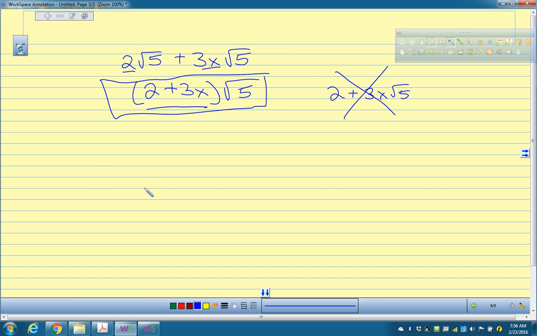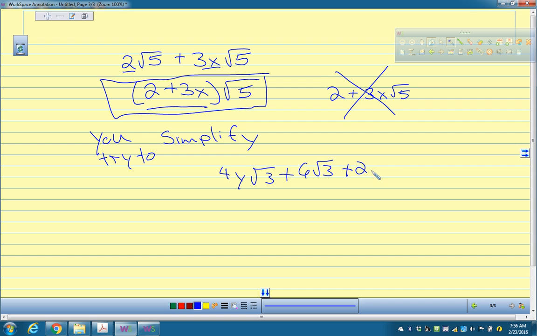Let's see if you guys can simplify this one. Simplify. You try to simplify 4y root of 3 plus 6 root of 3 plus 2 root of 3.